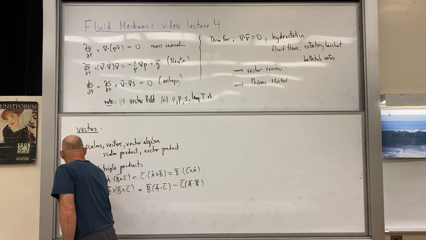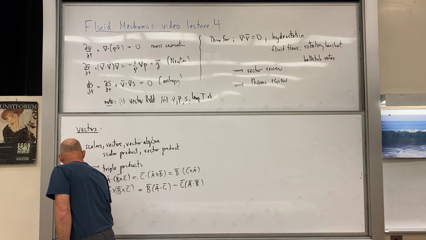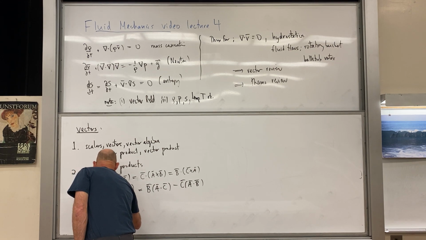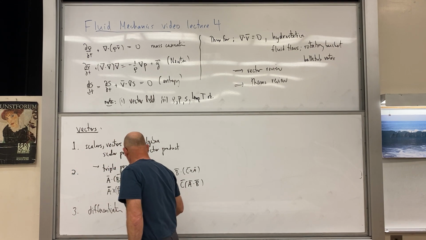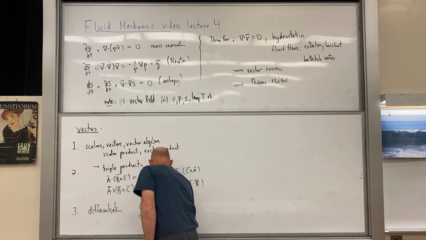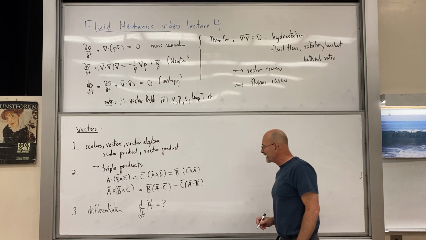So I'm going to keep my numbering scheme here. So 3, we would do differentiation. And we have, say, the time derivative of a vector. What does that mean?